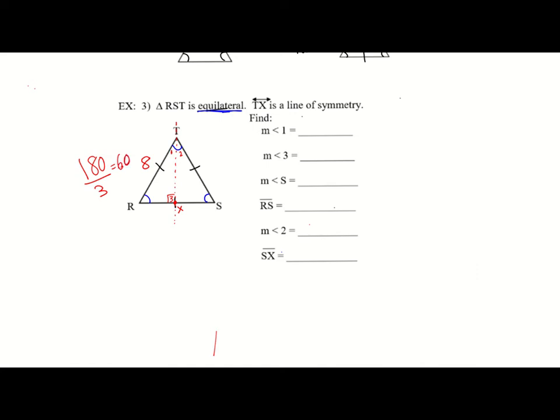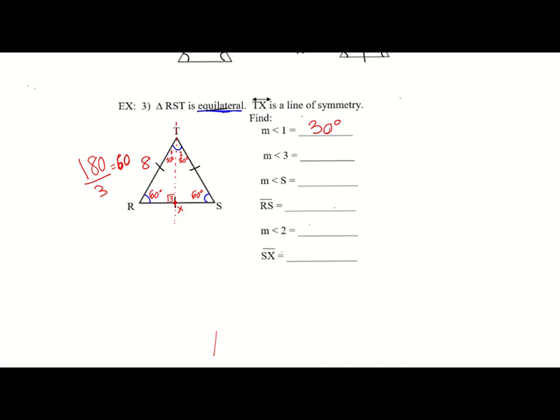So I know every time I have an equilateral triangle, those 3 angles in my triangle are going to be 60 degrees. And if this whole angle up here is 60 degrees and it's divided into 2, 60 divided by 2 gives me 30. So I know I have 30 there and 30 there. So measure of angle 1 is 30 degrees.